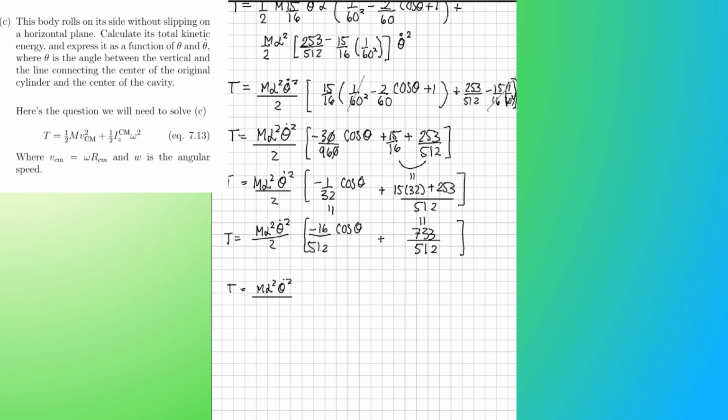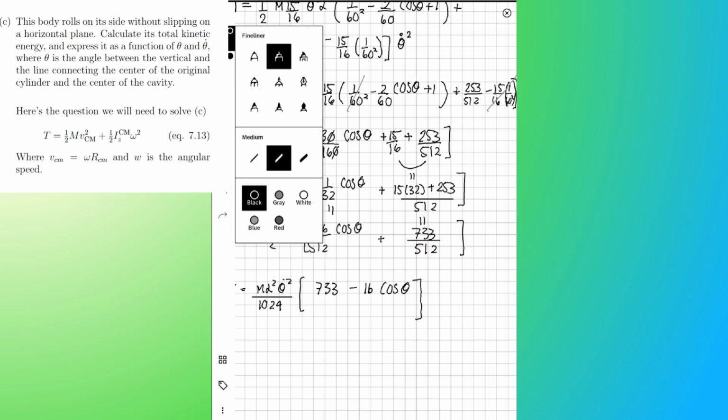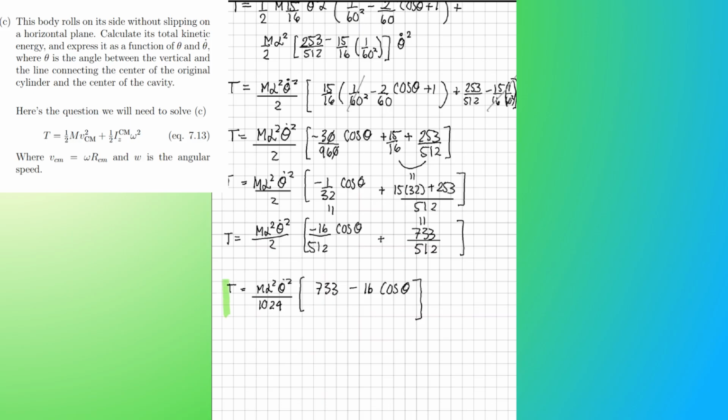Divided by 2 multiplied by 512, it's 1024. And there you have it. That's the final answer right here.